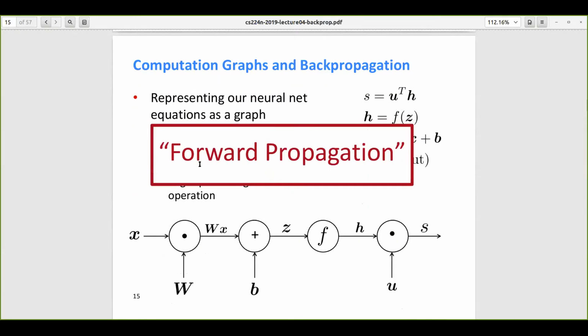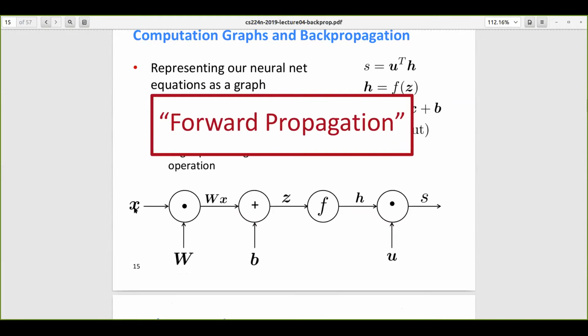This is what happens in the forward propagation. You have your input X, and it's weighted by the weight matrix W, which gives us WX. Every hidden neuron has its own bias, and that gets added to WX. So Z is nothing but WX plus B, and that goes through an activation function F. As discussed, the activation function takes a value and outputs another value, and by doing so, it adds some nonlinearity to the model.